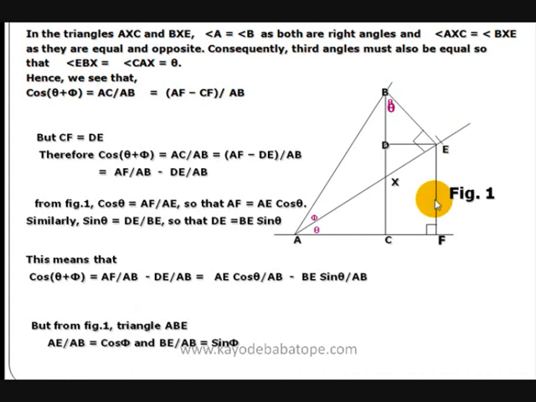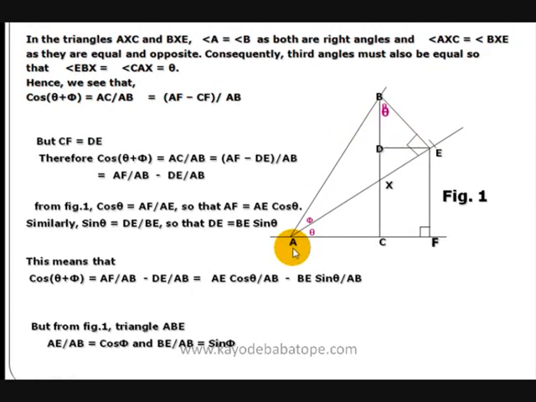But from triangle ABE, you will realize that cos phi is adjacent over hypotenuse, which is AE over AB. That is, cos phi equals AE over AB. Also, sin phi is opposite over hypotenuse, which is BE over AB.